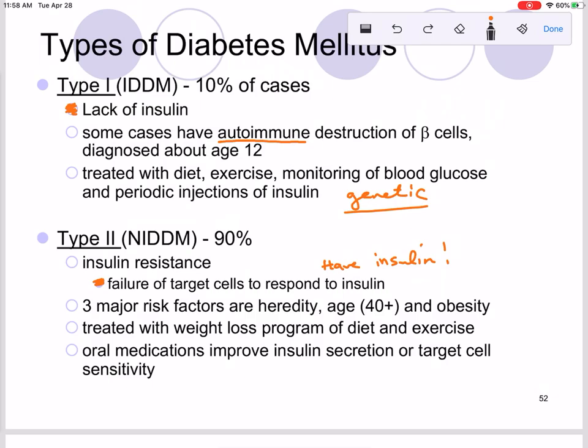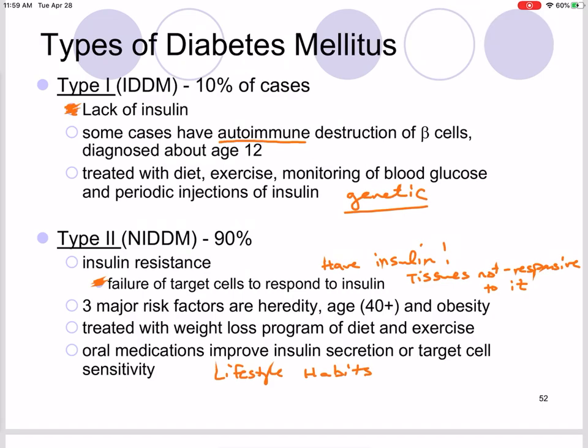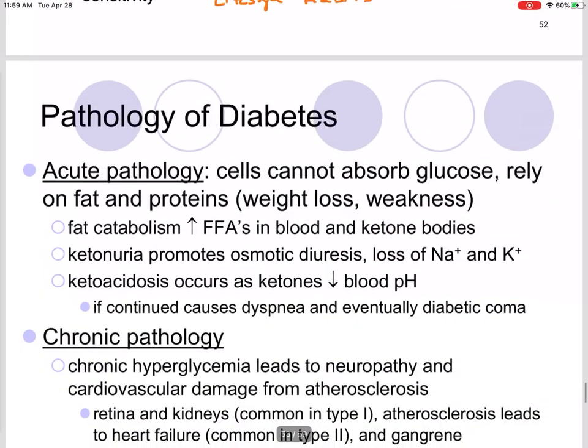So in type 2 diabetes, these people have some insulin, but the tissues are not responsive to it. So even though we have insulin, what good does it do if our tissues are not responsive to it? This can be somewhat genetic, but this is more likely due to lifestyle habits. In other words, poor diet, no exercise.